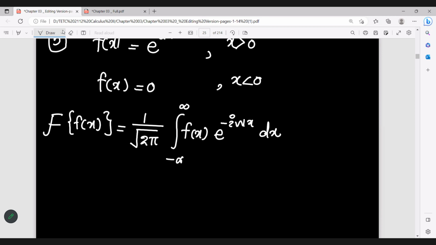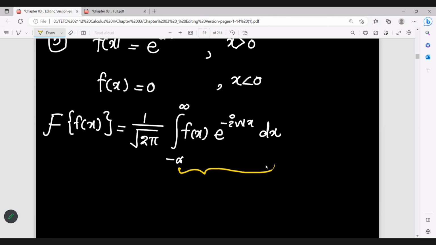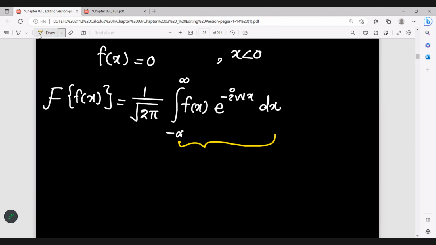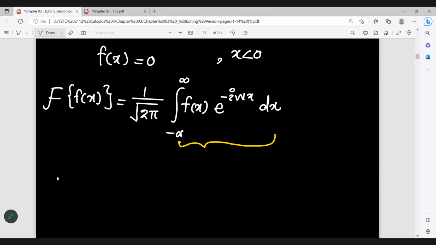So as earlier, let's first consider only this part. We are going to consider the integration from minus infinity to infinity of f of x e to the power minus iwx dx.